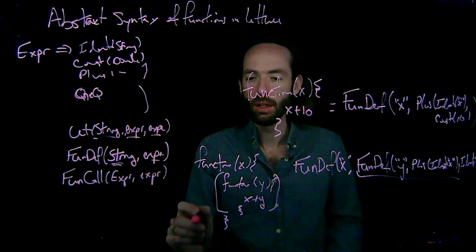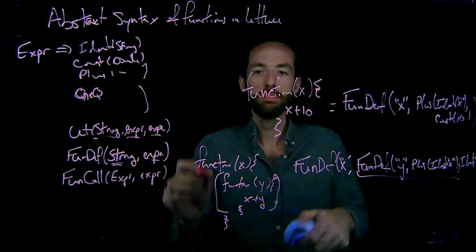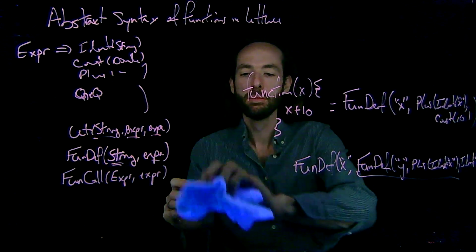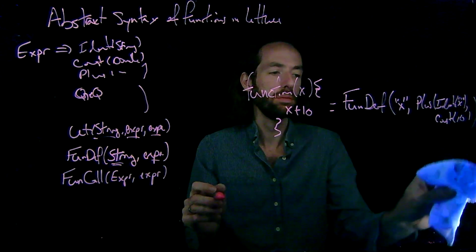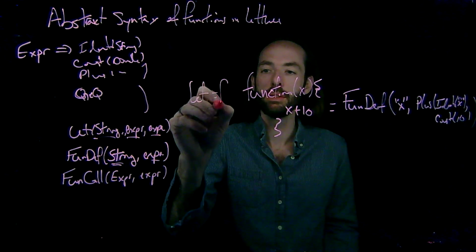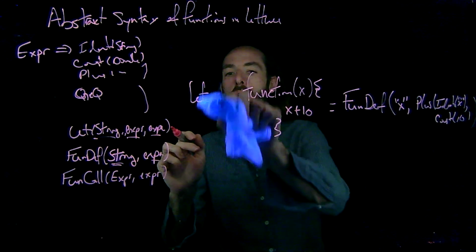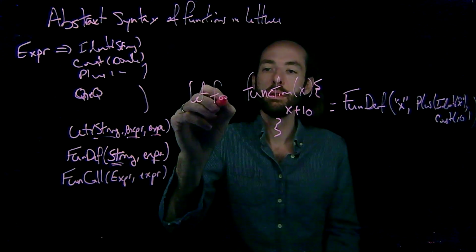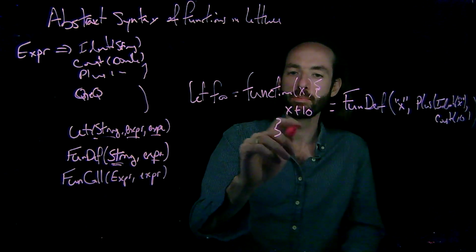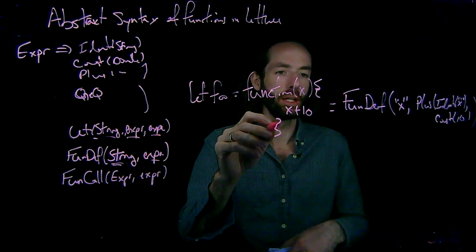Well, what about function call? We can also extend this a little bit. If we want to name this function, let foo equal this function, then what should the right-hand side be? Let me try to get a little more room.